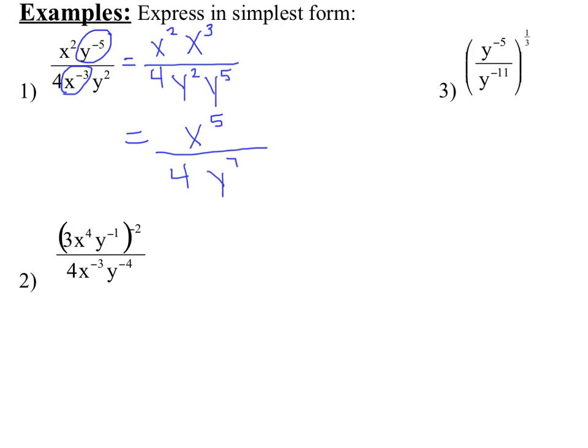The next one's a little bit different because I have a negative exponent outside a whole entire parenthesis. So first you want to look inside the parentheses, see if I can simplify anything, which I can't because I don't have any like terms. I have a 3, an x, and a y. So now I want to raise everything to the negative second power. Since it's all one term, I can raise everything to the negative second.